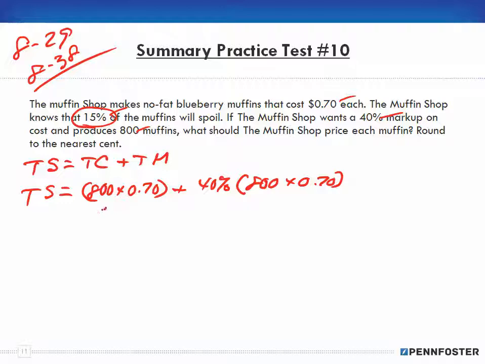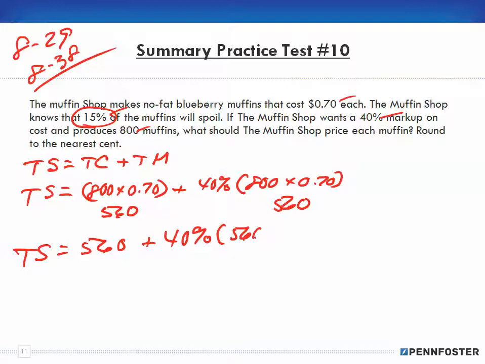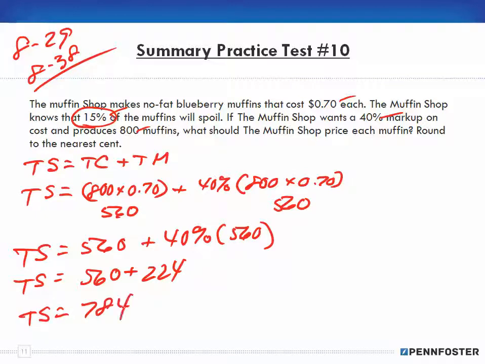So 800 times 70 cents is 560. That's our cost. So our total sales is equal to 560 plus 40% of the 560. 40% of 560 is 224, and so our total sales is $784.